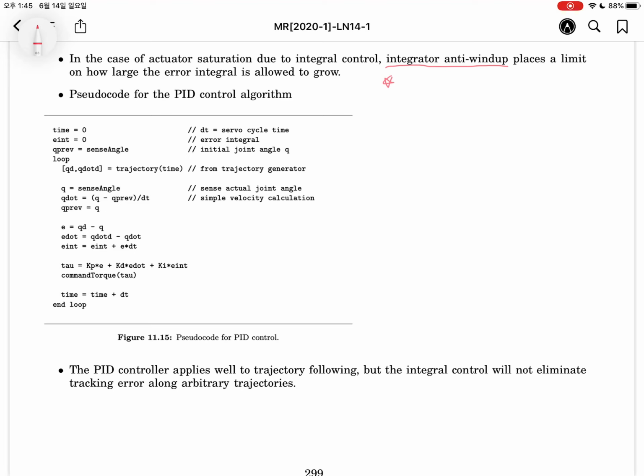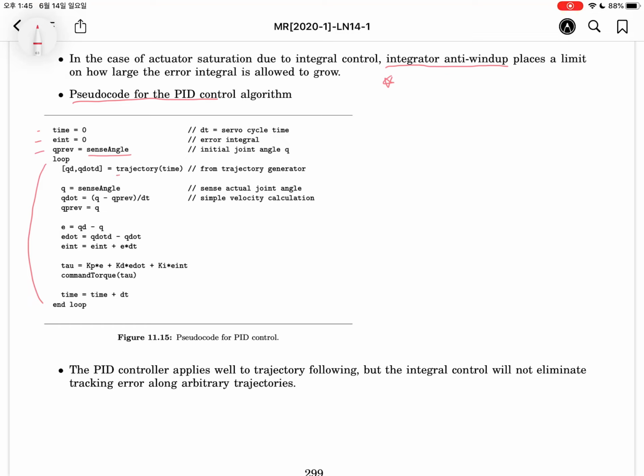This is a pseudocode of PID control. Initially, time is 0. The integral error is assigned as 0. The previous q value is assigned as the measurement of q. And then this is the loop. This part will be repeated.